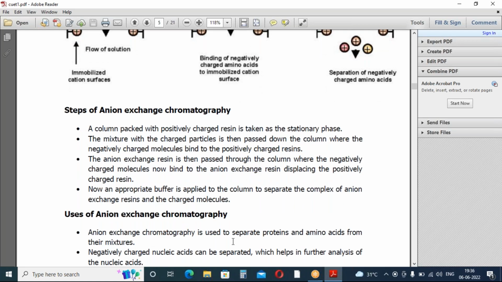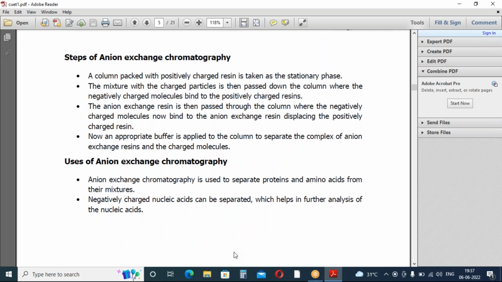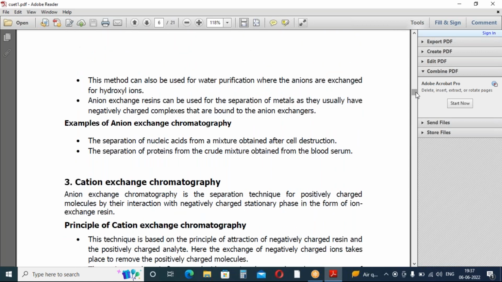Why are nucleic acids negatively charged? Due to phosphate. Yeah, good. Due to the phosphate groups, the nucleic acids carry the negative charge.